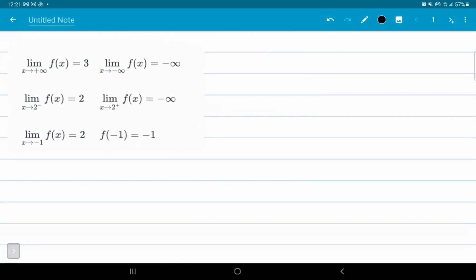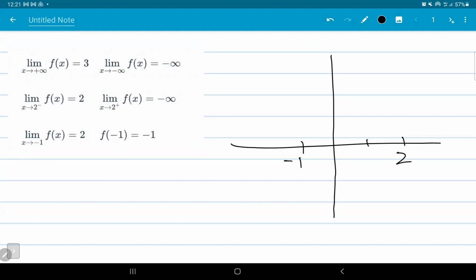Okay, so the important points are -1 and 2. Let's look at -1.